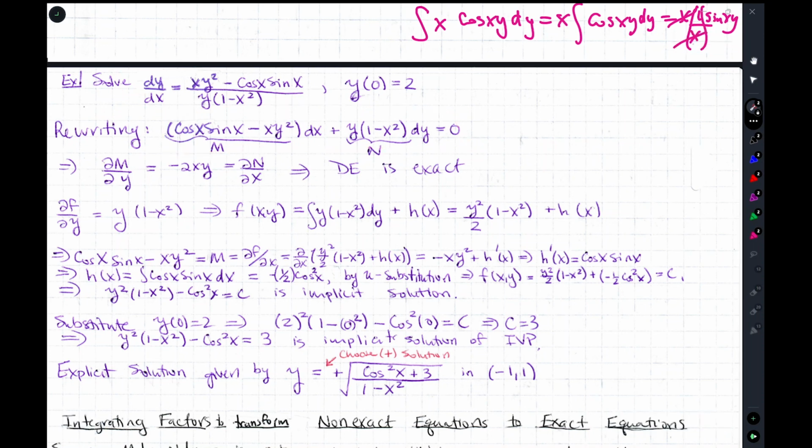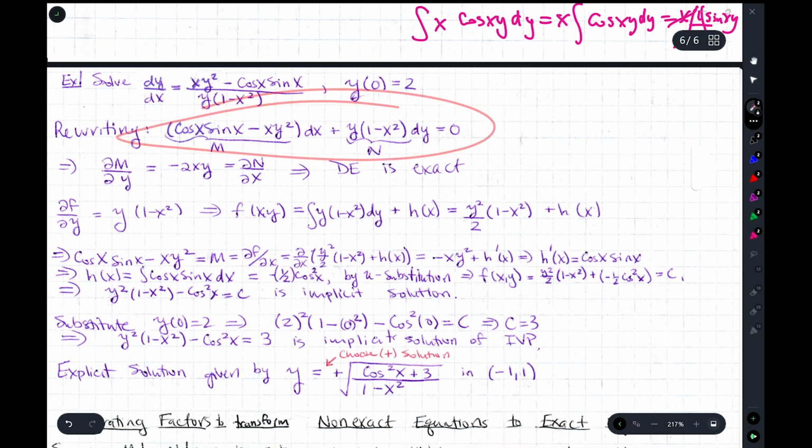Notice that the cosine and sine terms are switched. That's because we get a negative sign when we move the dx to the other side. Anyway, put this differential equation in differential form.